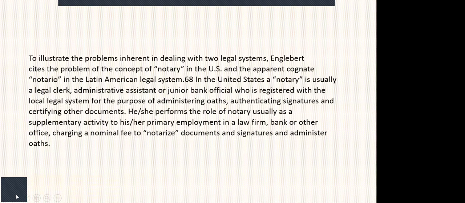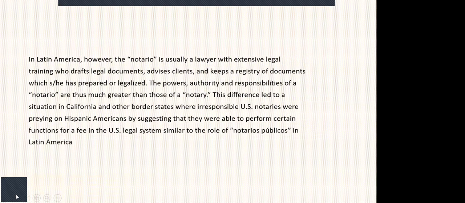So this person is generally someone who is doing this as a side activity to their primary employment. So this is important to be considered. In Latin America, in Panama, for example, el notario is usually a lawyer with extensive legal training who drafts legal documents, advises clients, and keeps a registry of documents prepared or legalized.